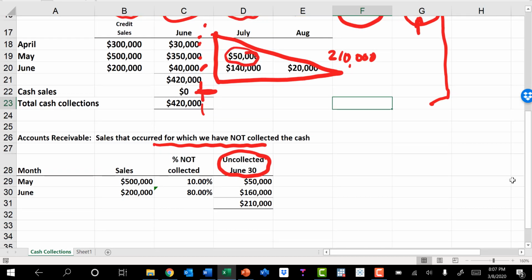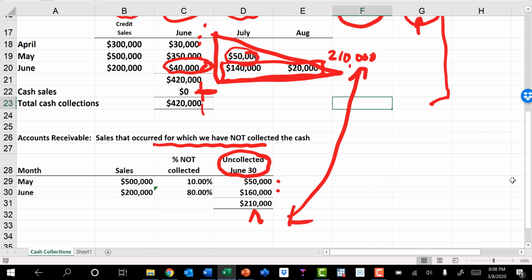And then I've got 80% of June, because in June I've only collected this 20%. So the rest of it is the 70 and the 10. So when I multiply these out, I get the 50, the 160, add them up, and I get the 210. So I can get this either way, okay?